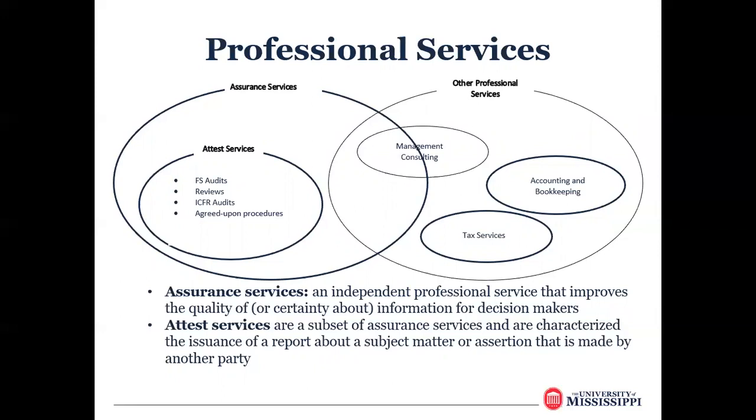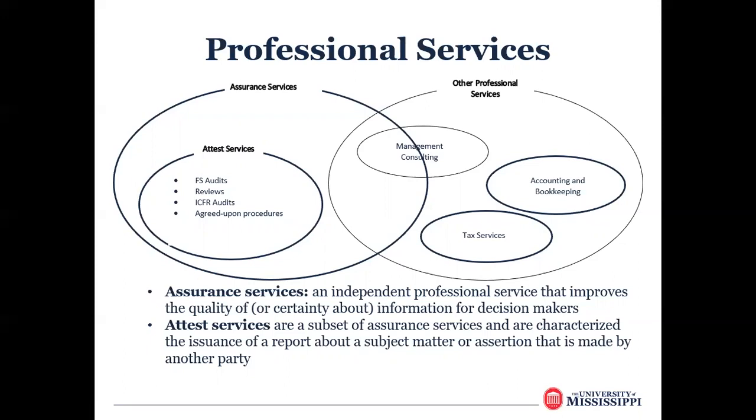But an assurance service in general is an independent professional service that improves the quality of or certainty about information for decision makers. Okay, and so this is a pretty broad subset of professional accounting services. It's any of those services that improves the quality of information for decision makers.